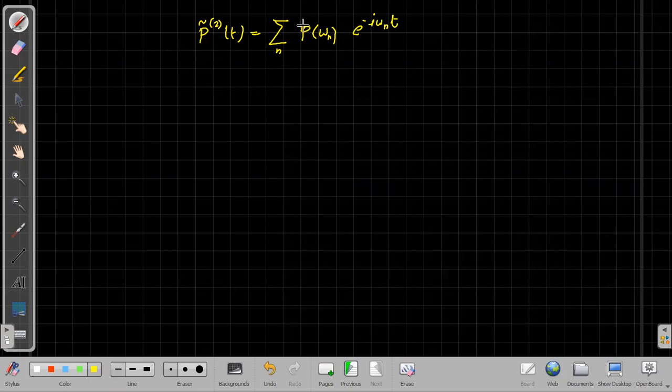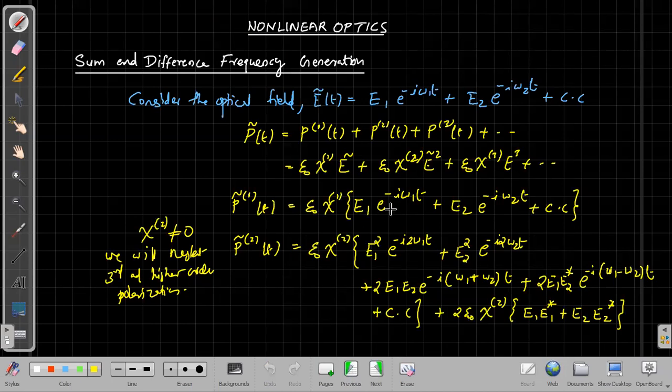We'll get many terms. P of omega n is the polarization amplitude corresponding to frequency omega n. So we'll have many oscillating frequencies. The first possibility is 2 omega 1 oscillation. So what is the corresponding component of 2 omega 1? The component is epsilon 0 chi 2 E1 square.